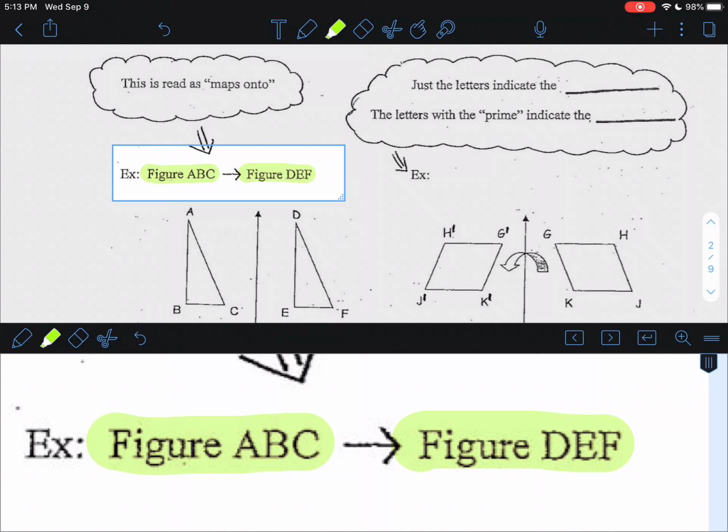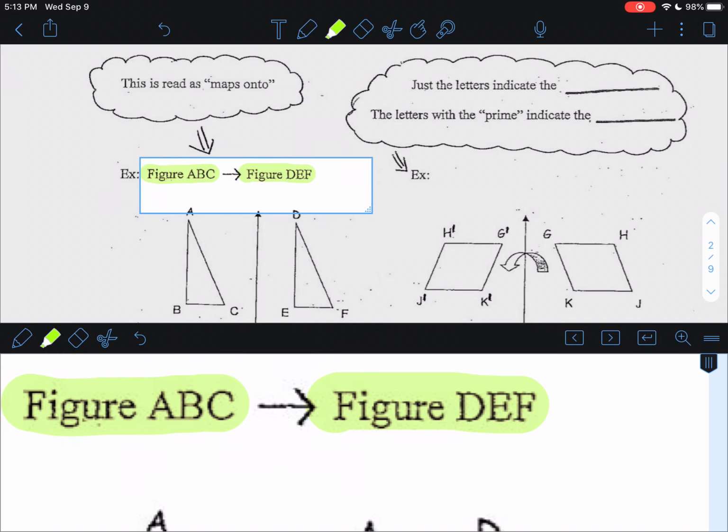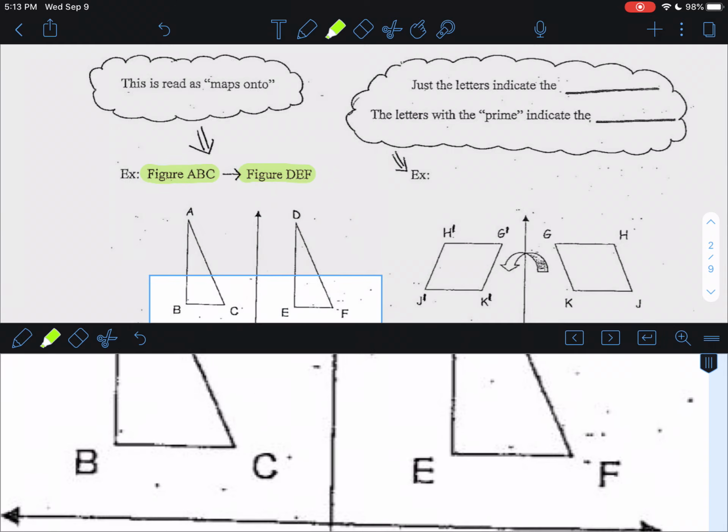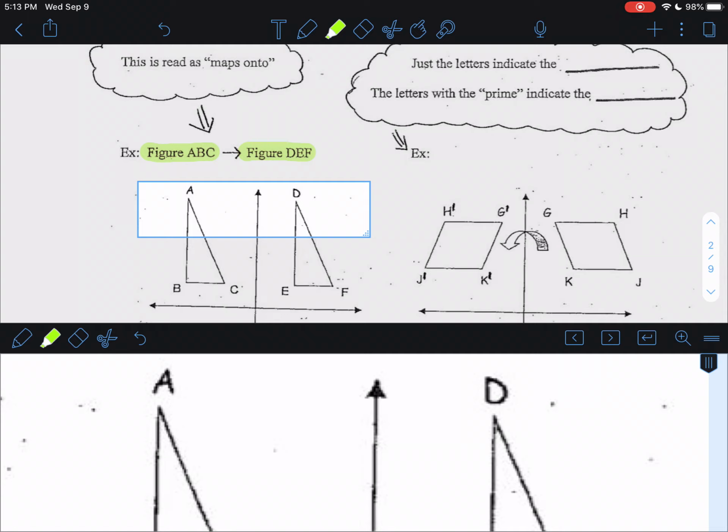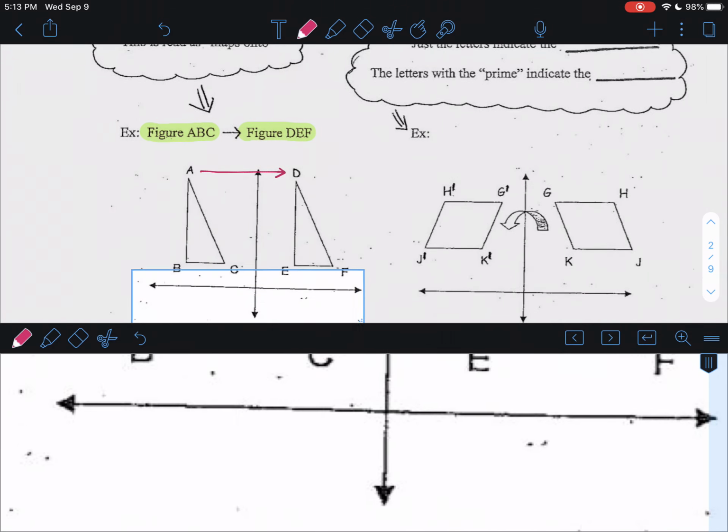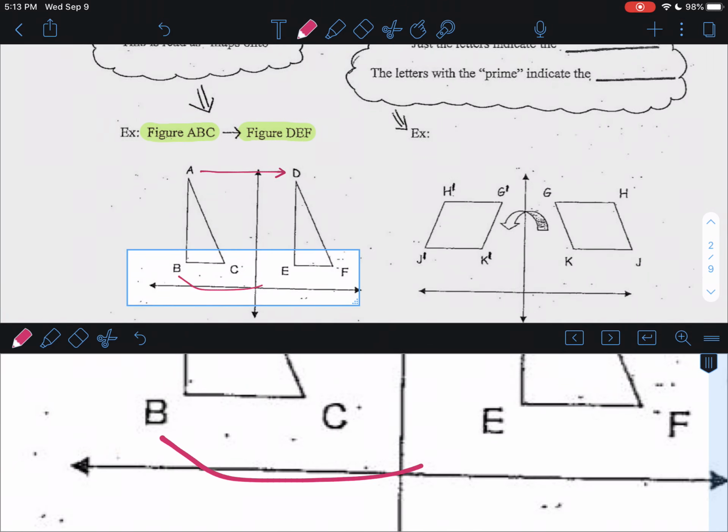So we don't say figure ABC points at or whatever. It's figure ABC, and then the arrow, you would say maps onto figure DEF. So you can see the points A goes to D, B goes to E, and C goes to F.